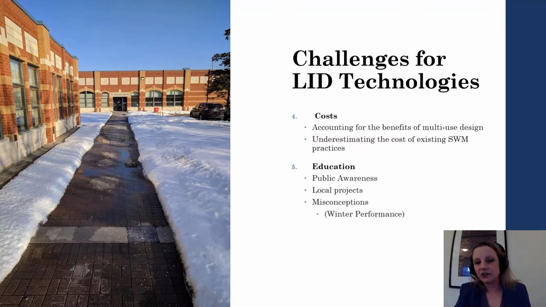There's a lack of education, awareness, and misconceptions related to how permeable pavements behave continue to persist. One of the most common misconceptions that I encounter in my profession is what happens during the winter. As we've seen through our research, permeable pavements actually provide a great deal of stormwater management and reduce the risks of slips and falls through less ice formation.